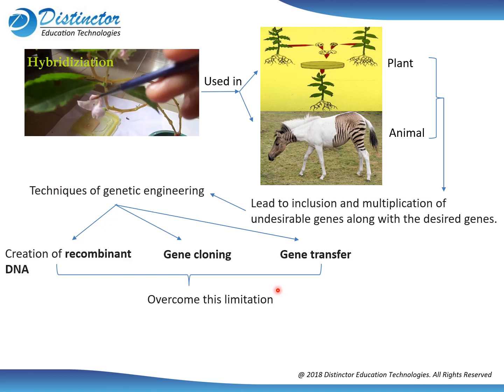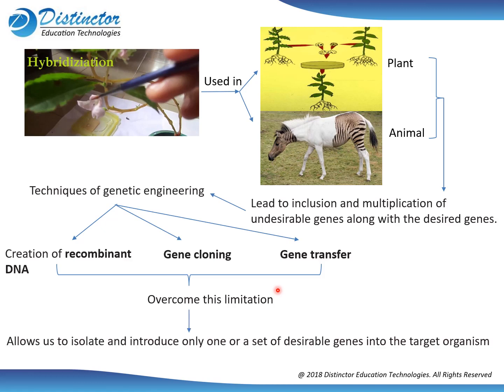They overcome the limitation by allowing us to isolate and introduce only a set of desirable genes into the target organism. So these three techniques can overcome the limitation of undesirable genes, and we can produce only the desirable gene. For that, they introduced the genetic engineering process in the biotechnology field.